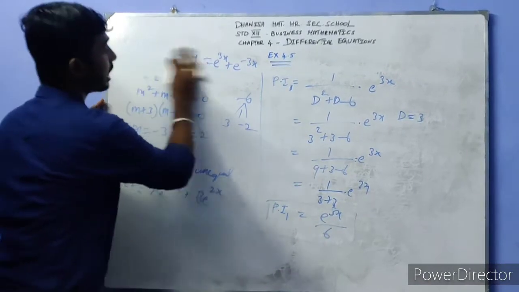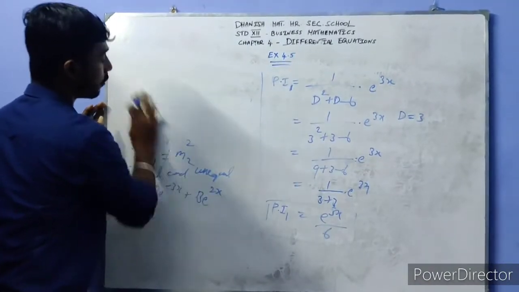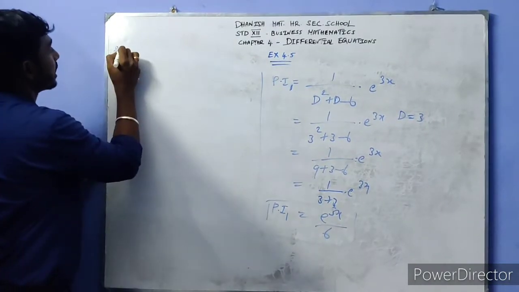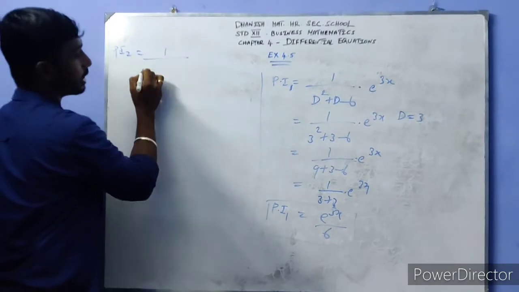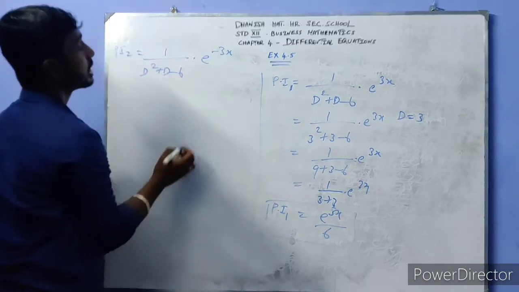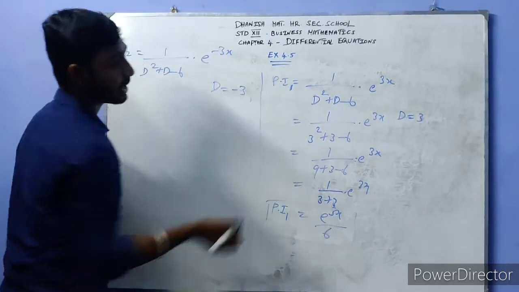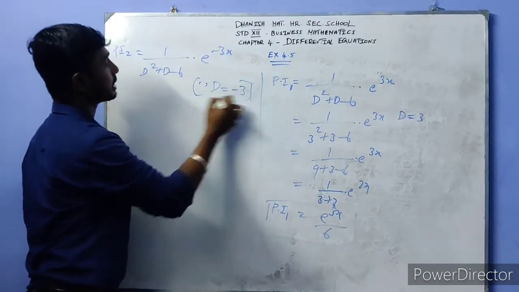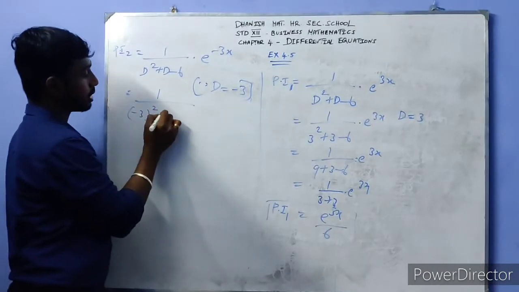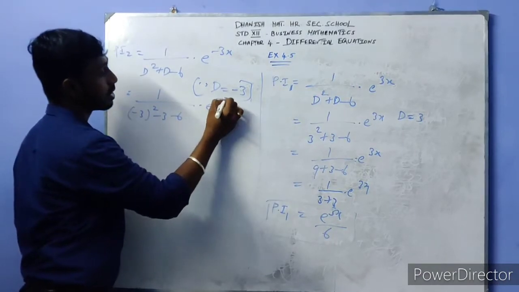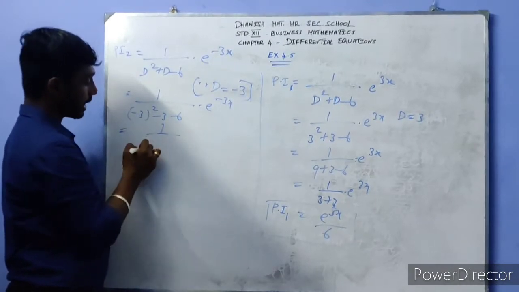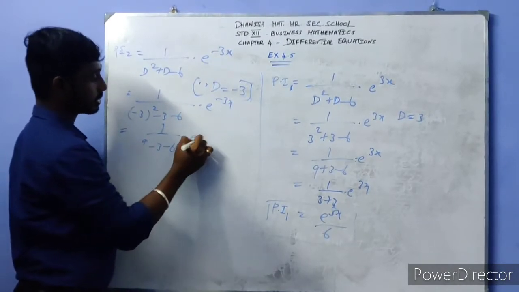Now we are going to find out PI2, that is e power of minus 3x. What is the function given in the question? That is 1 divided by d square plus d minus 6, e power of minus 3x. What is the d value here? It will be minus 3. So listen here, 1 divided by minus 3 the whole square minus 3 minus 6, e power of minus 3x here. 1 divided by 9 minus 3 minus 6.